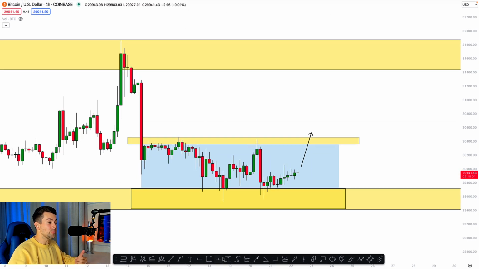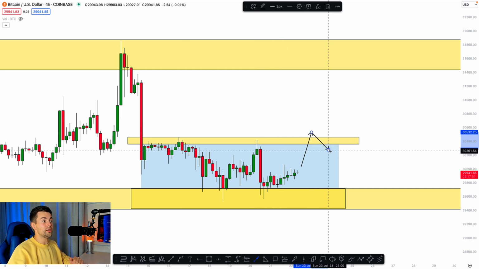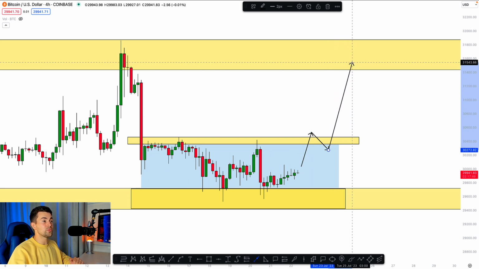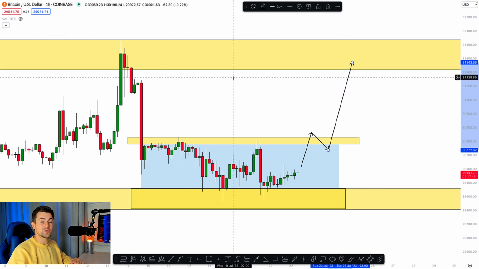So your best confirmation will be the breakout, the 4-hour candle close above that horizontal resistance. After that, you can look for buying on a retest, expecting a bullish movement to the resistance of the range that we spotted on a daily.